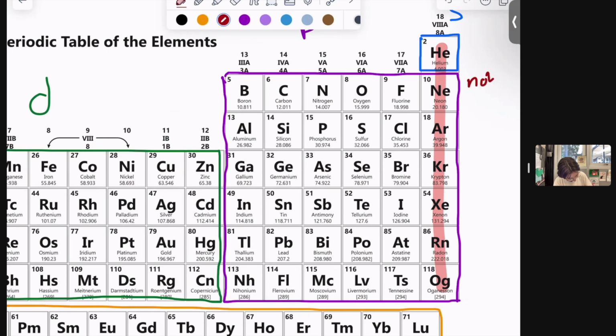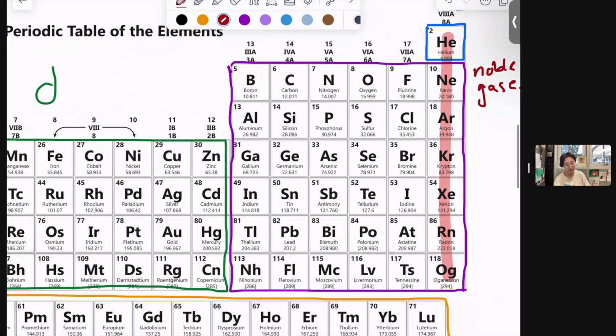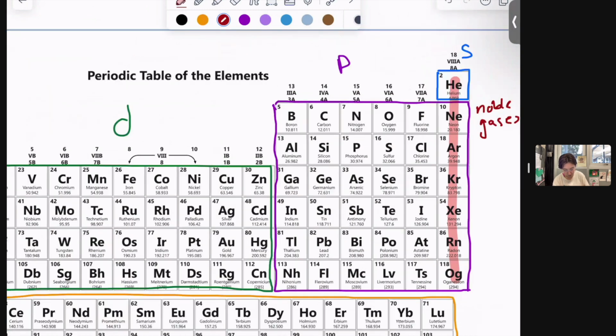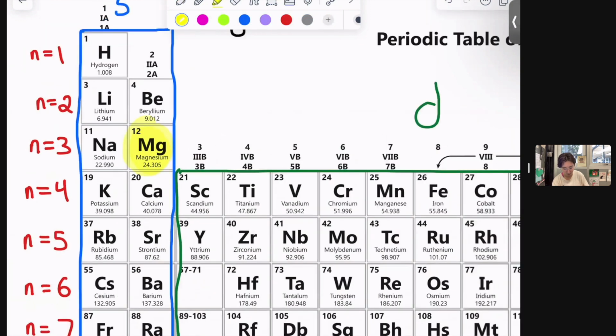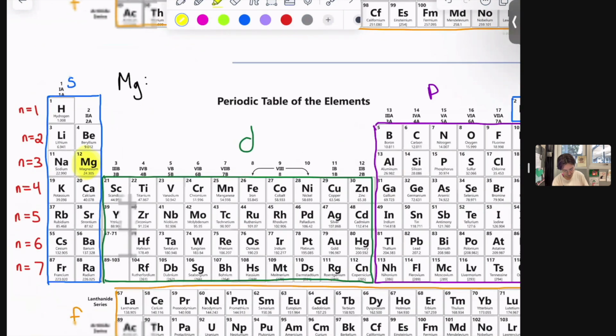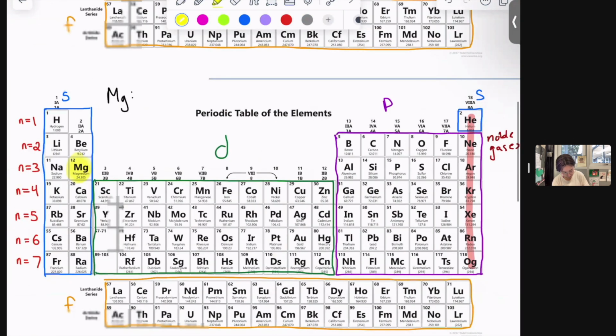So when I say noble gas configuration, what you're gonna do is find the noble gas before your goal. So magnesium's here, and the noble gas that comes before it is neon. Do you see that? So it's the one that comes before it. So argon comes after it, neon comes before it.